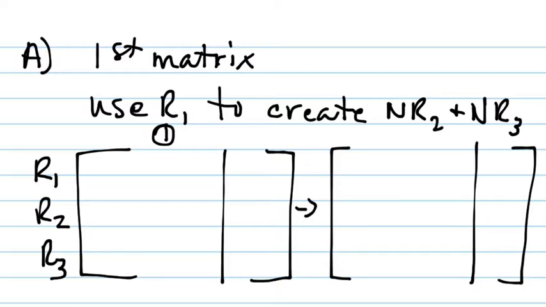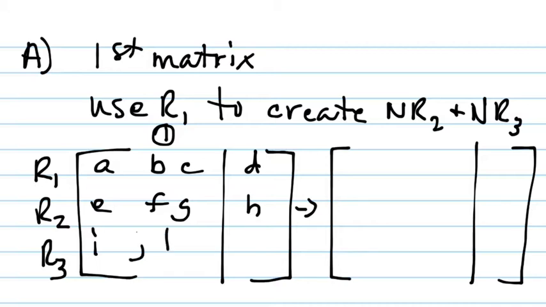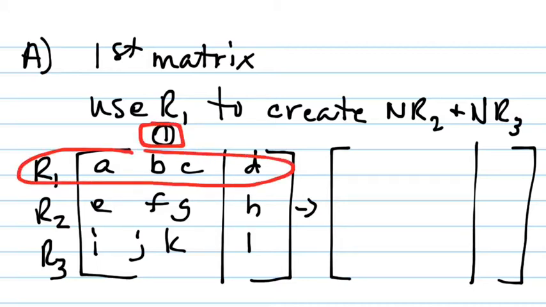Okay? Now, this one, we'll just put A, B, C, D for letters here. Who cares? Now, those are going to be numbers, right? They're not going to be letters. They're going to be numbers. Since this is the first matrix, we're going to use the first row, and we're going to be eliminating these two pieces right there.